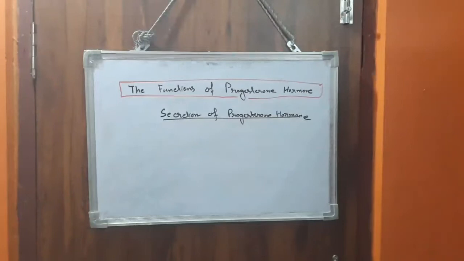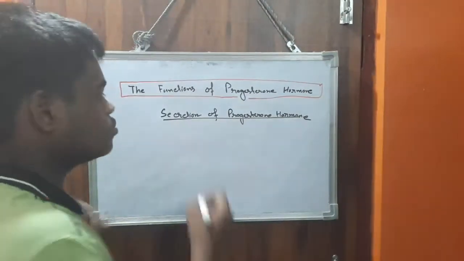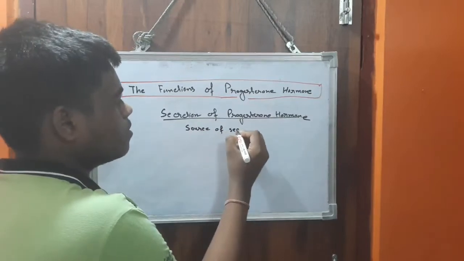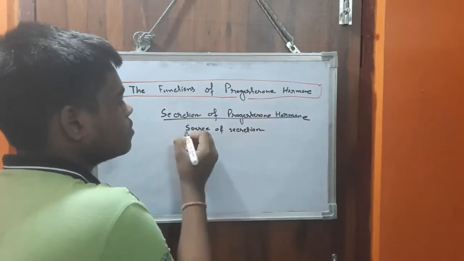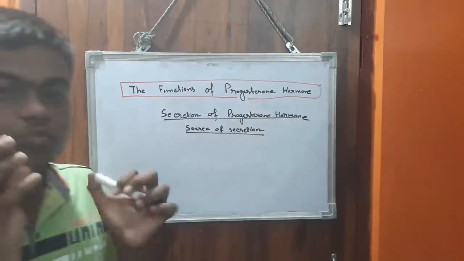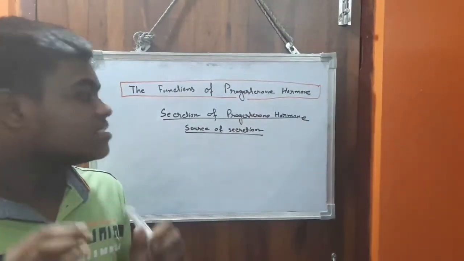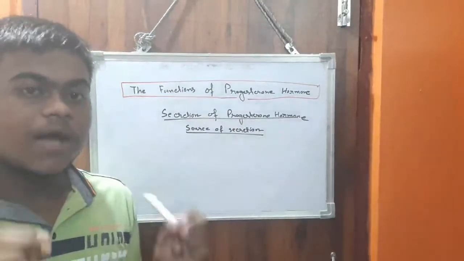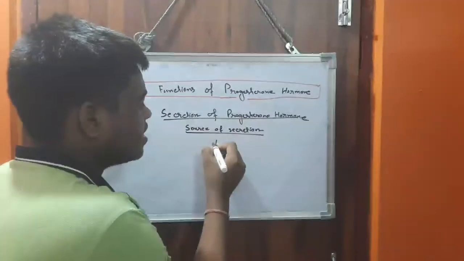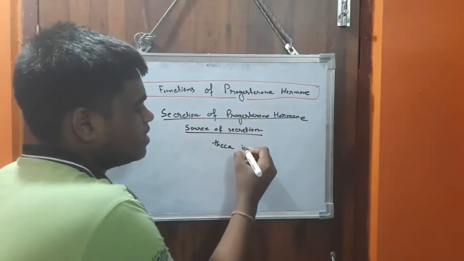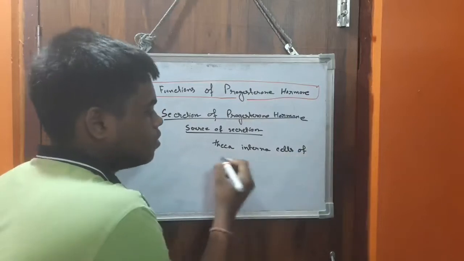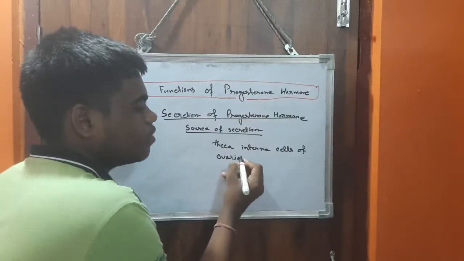So we can start with the source of secretion. In non-pregnant women, a small amount of progesterone is secreted by the theca interna cells of the ovaries.